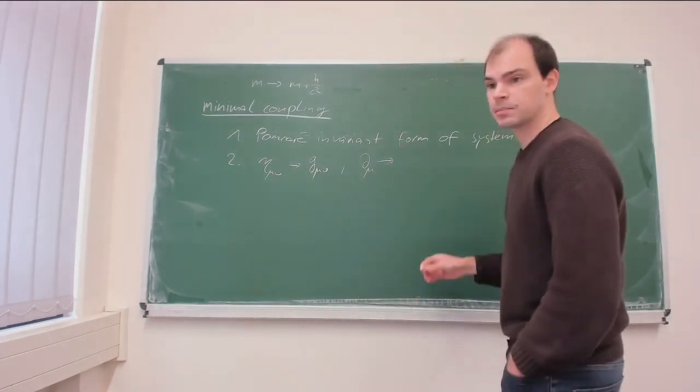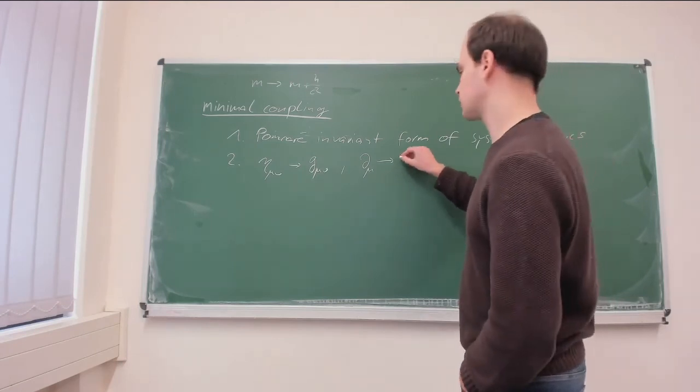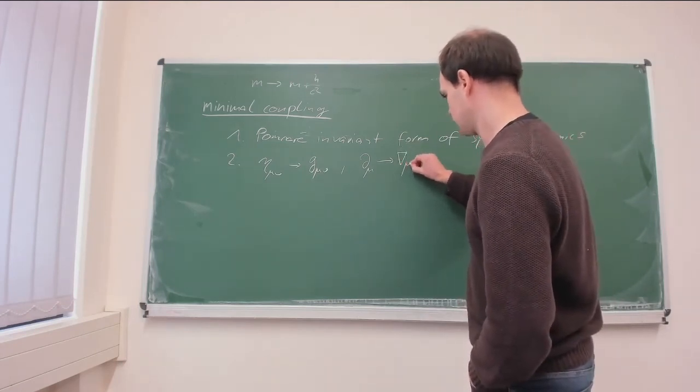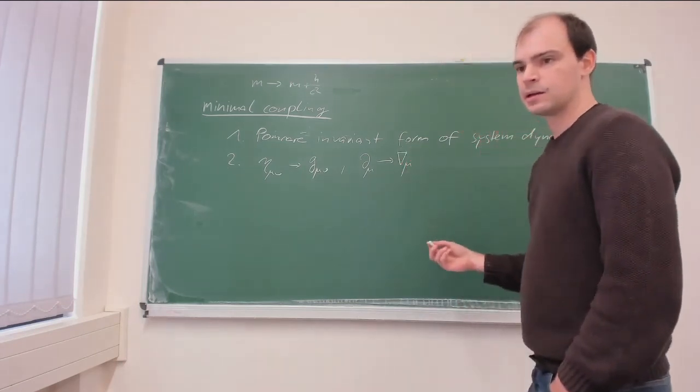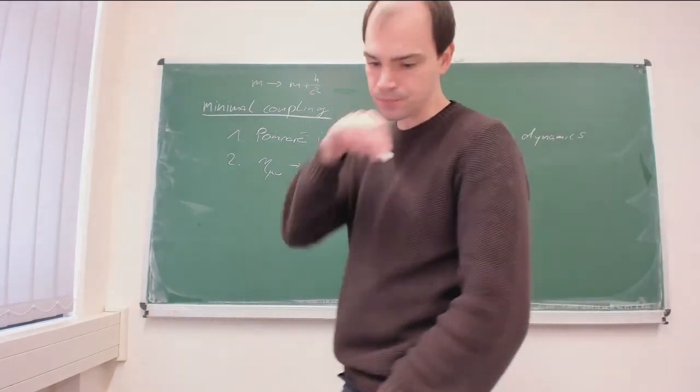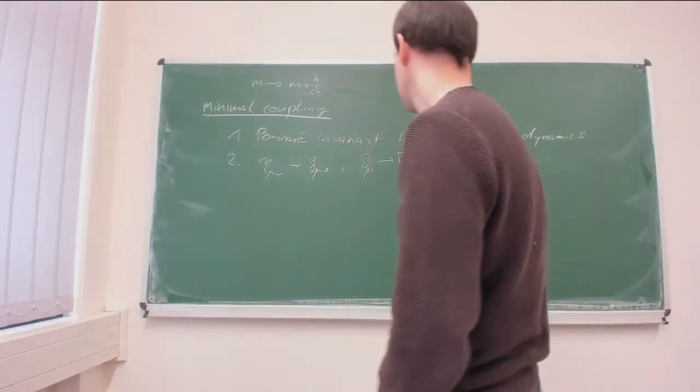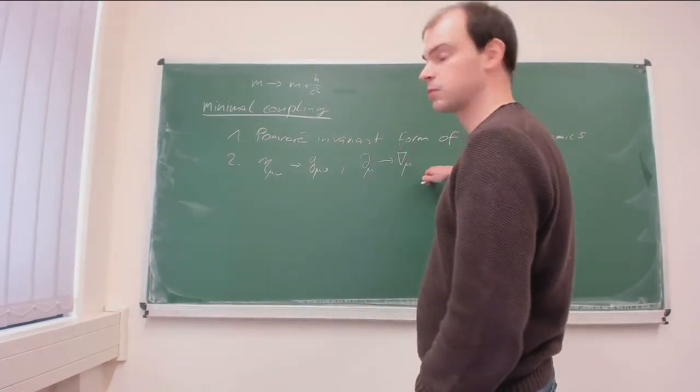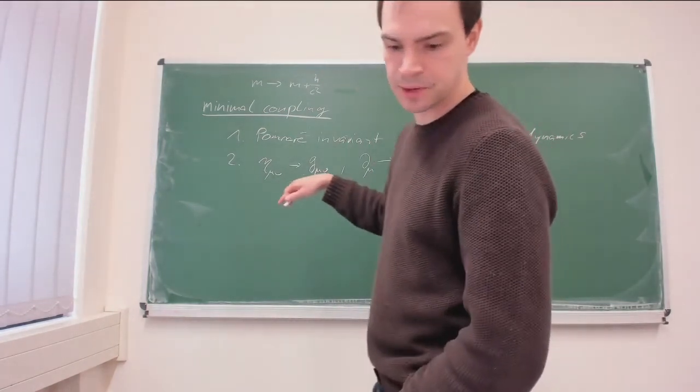You replace all the partial derivatives by covariant derivatives. That, if you remember, are partial derivatives plus some functions of the metric. So if you have a given metric, then you can do this without problems.